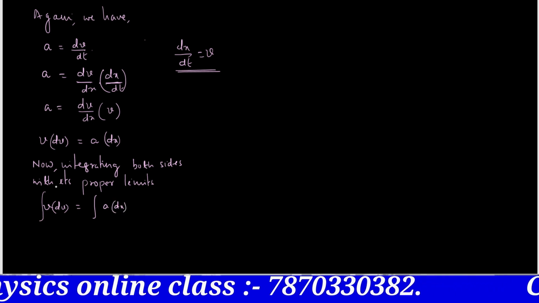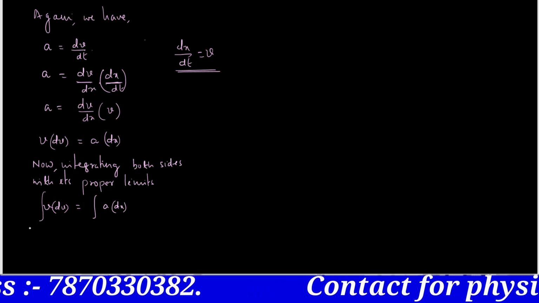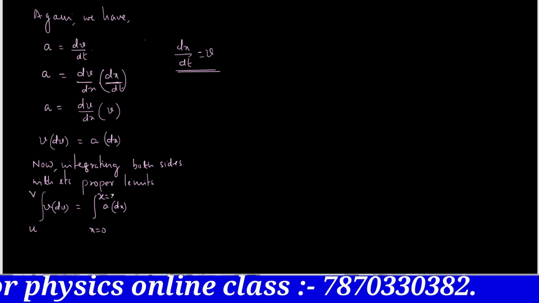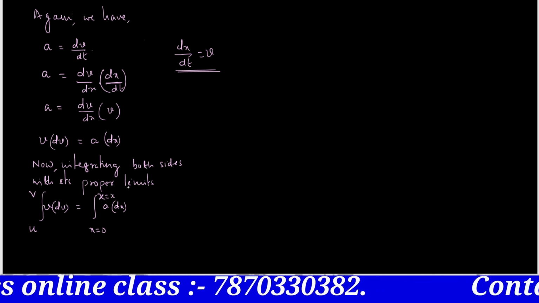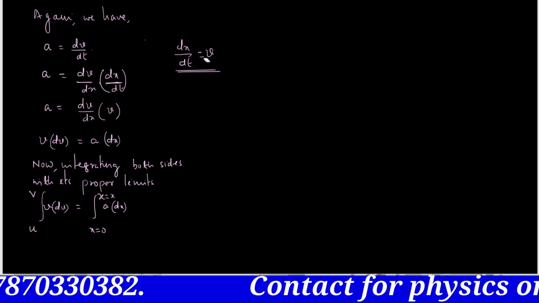Here for v dv we have lower limit u and upper limit v, and for dx the lower limit is 0 and the upper limit is x.